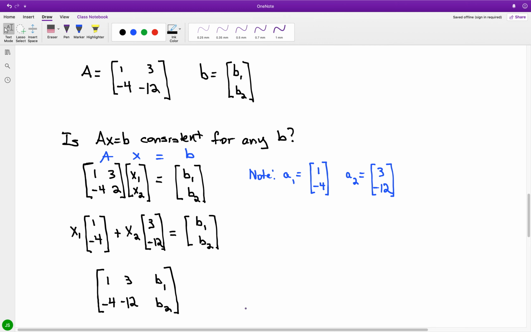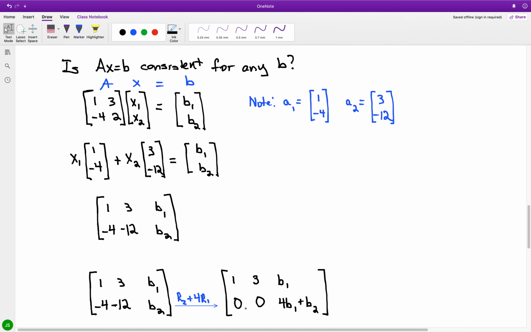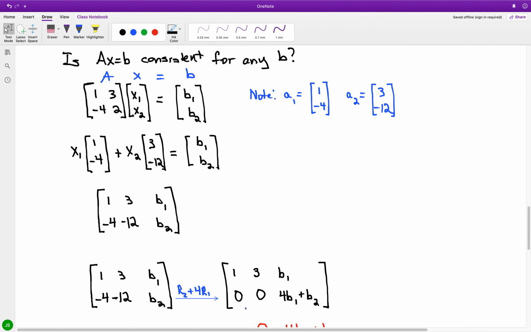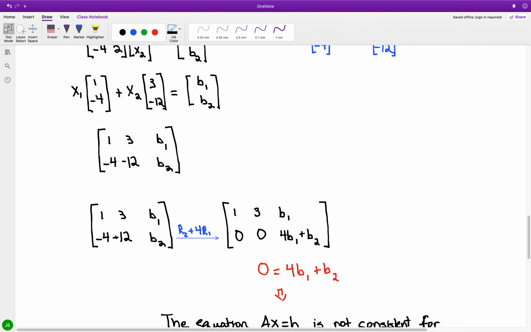And taking what we have here and applying reduction along the lines of echelon form. The upper left hand corner consists of 1, so we have our pivot position there, and I want to make the -4 beneath it a 0. So I can make adjustments by adding 4 times all the corresponding elements in the top row. So you have R2 plus 4 times R1.